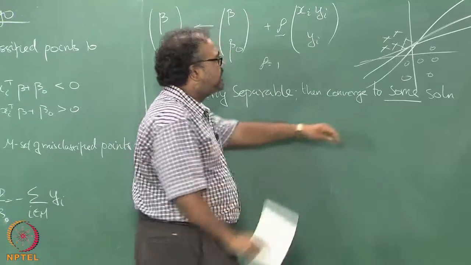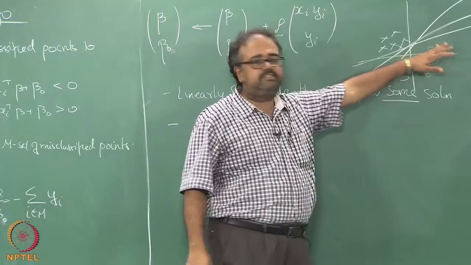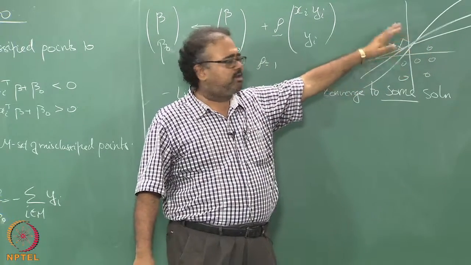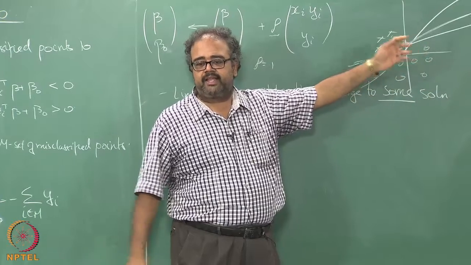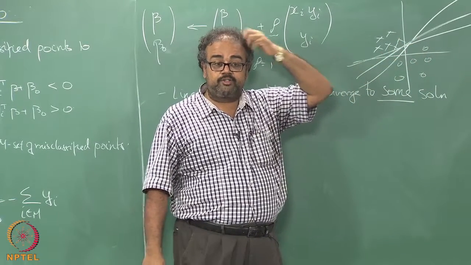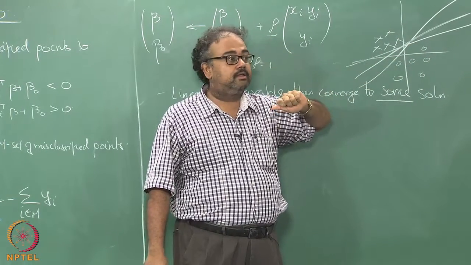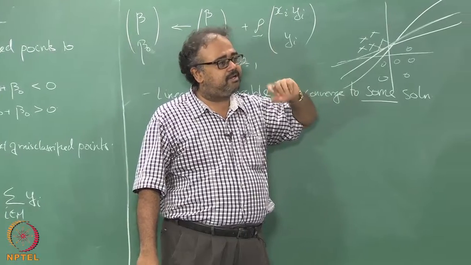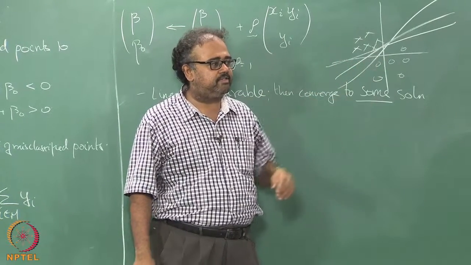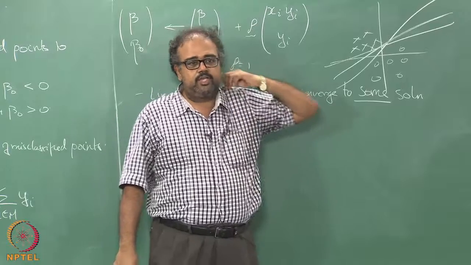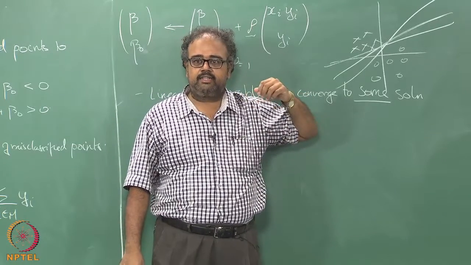The perceptron learning algorithm will converge to one of these infinitely many separating hyperplanes. Which one would it converge to? It depends on the starting point, but it is hard to say a priori. Given a starting point, can you tell me which hyperplane it is going to converge to? You can, you just have to run the perceptron algorithm.